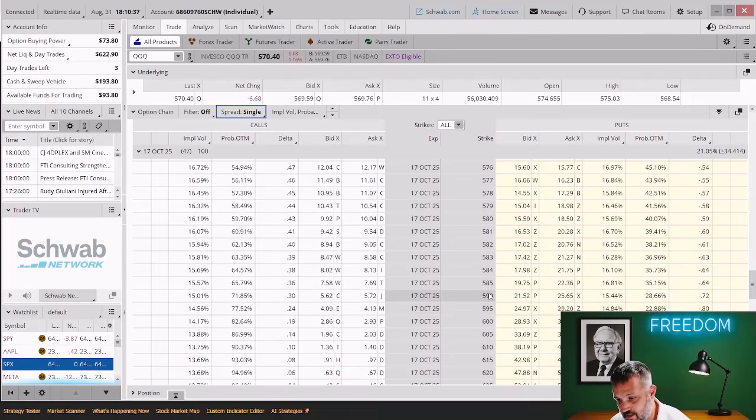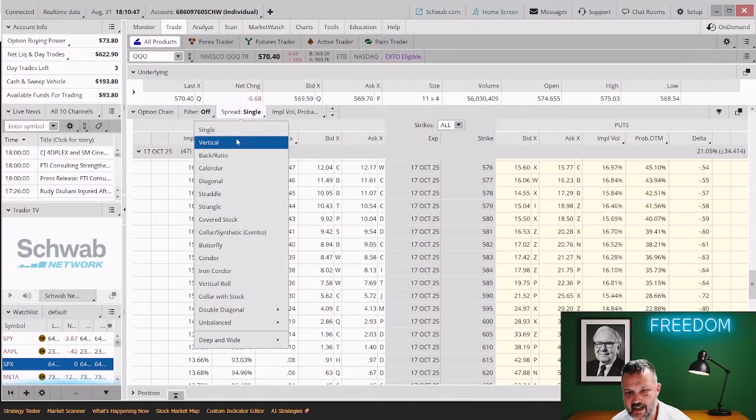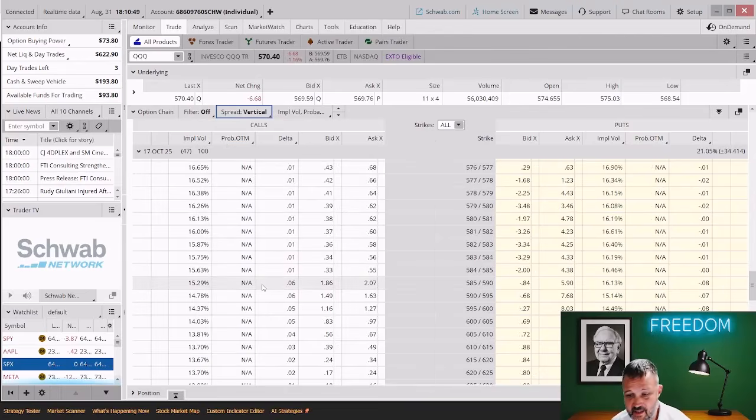So in this case, I would be trading what they call a bear call spread. So we go here, I would choose the 590 because it's a very good probability. So we're going to go with the 590 and the 585 because the current price is 570.